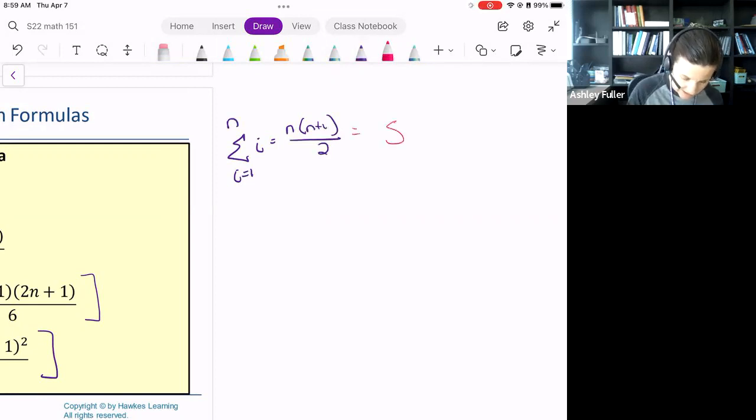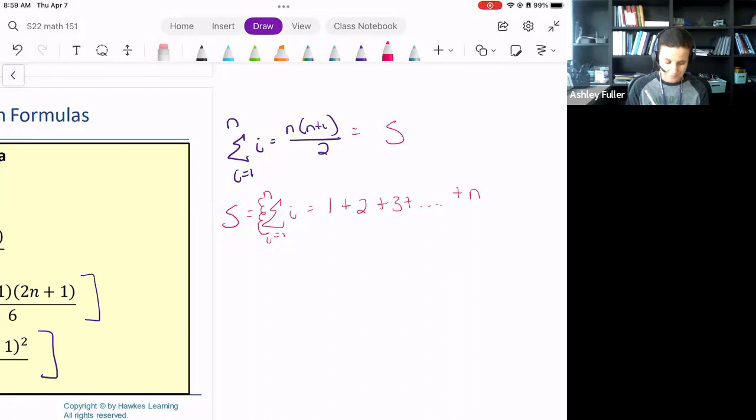Let's call this S. So I can say that S is equal to the sum from i equals 1 to n of i, which is simply 1 plus 2 plus 3, and so on up to n. Remember, we're climbing up that ladder, so I'm adding 1 plus 2 plus 3, and so on all the way up to n. Notice this addition can be performed in any order.